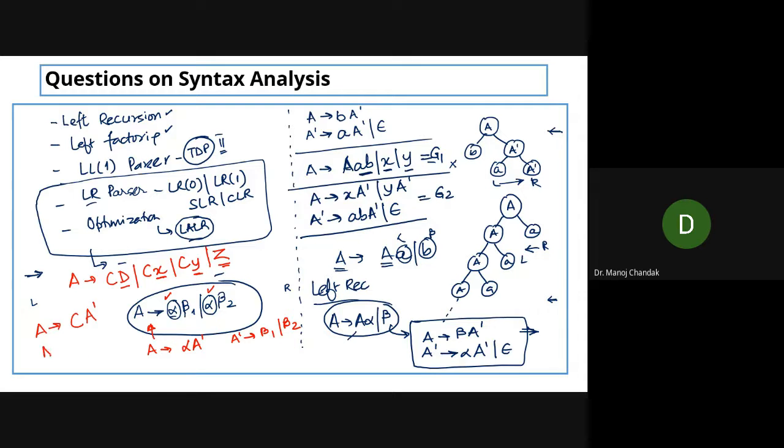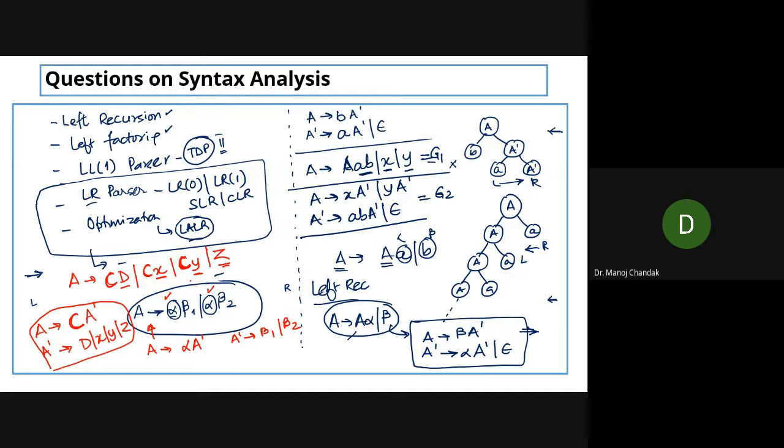And now A dash can be replaced by D or X or Y or capital Z. So logically the grammar is the same. Only difference is the compiler now understands that there is only one rule which starts with C. But here there are multiple rules which start with C. So that's the problem.